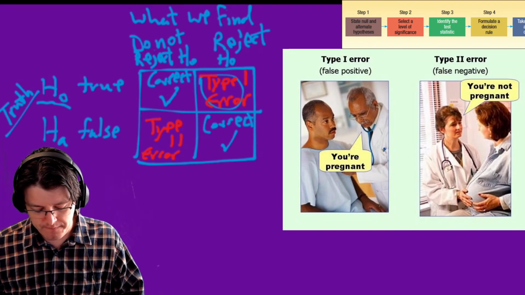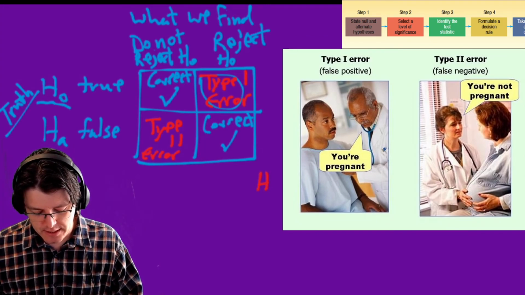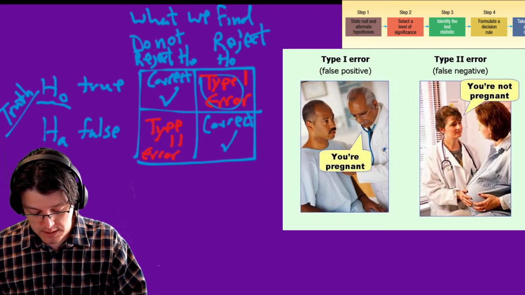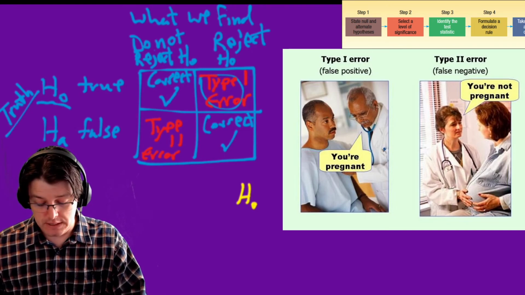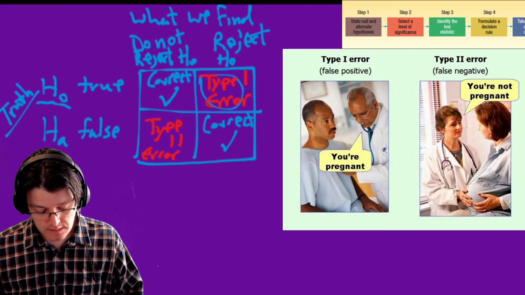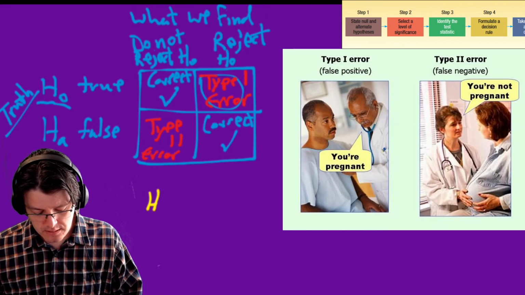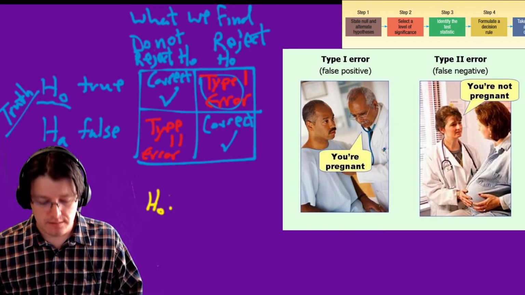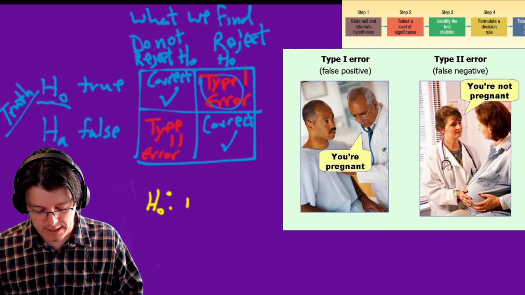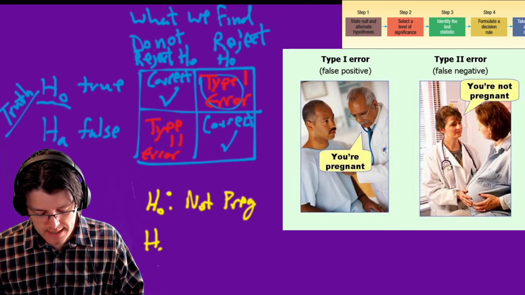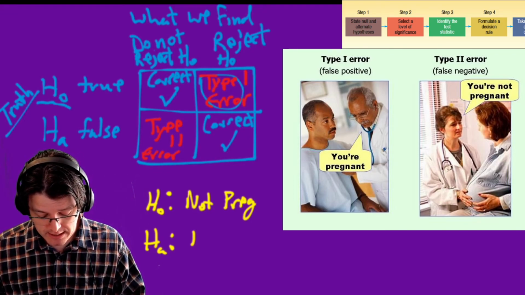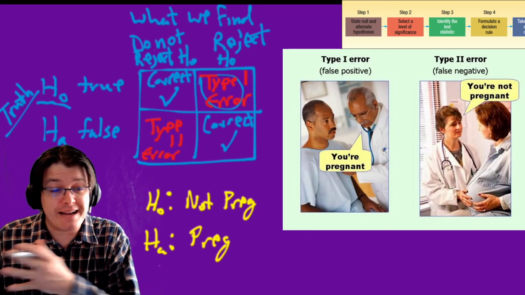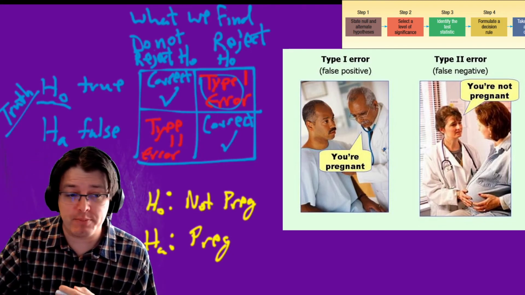In this case, the null is you're not pregnant, right? And then if we find enough evidence that you're pregnant, then we reject the null and say you're pregnant, right? And that's what a pregnancy test does.